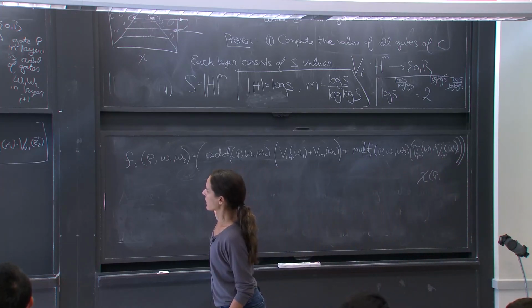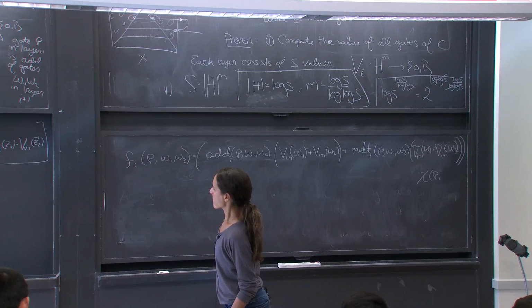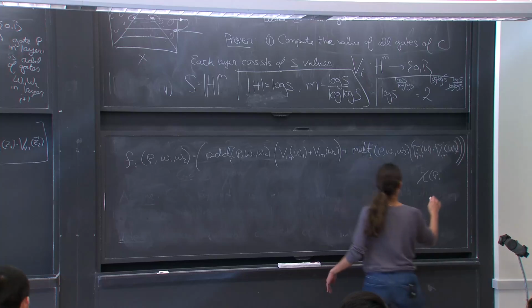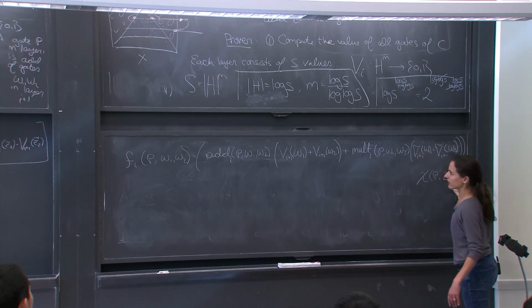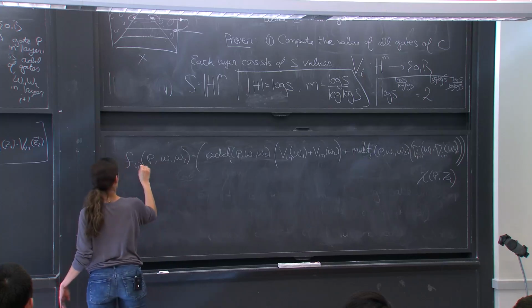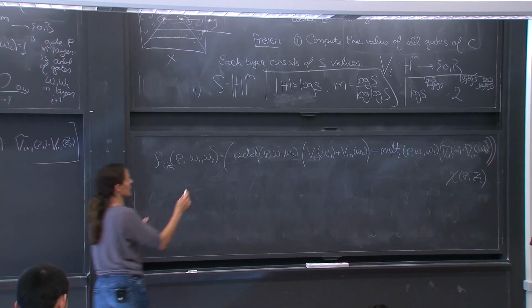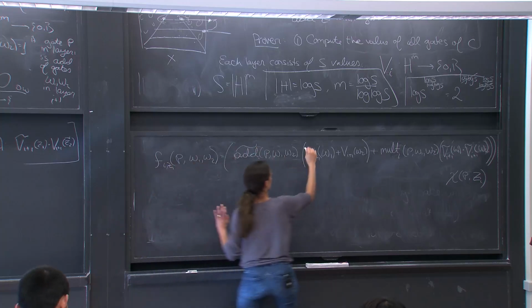One second, that was the claim. Let me call it Zi. This is Fi of Zi. Okay, good. And now we can think of this as a polynomial because it's all extended.